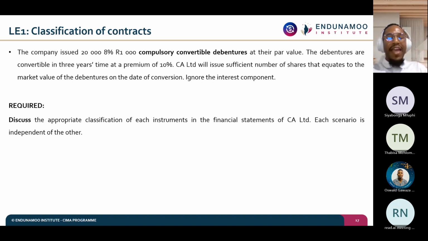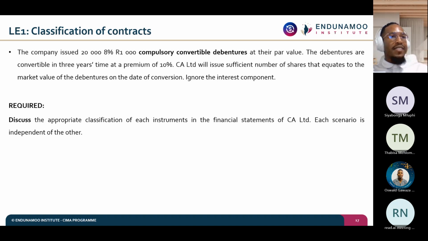Meaning, if their par value was 10,000, they are going to be converted at 10,000 plus 10% of 10,000, being 11,000. And what we're then told in the second sentence is CA Limited will issue a sufficient number of shares that equates to the market value of the debentures on the date of conversion. If the market value of the debentures on that date is 11,000, the entity will have to issue such number of shares as is equal to 11,000.